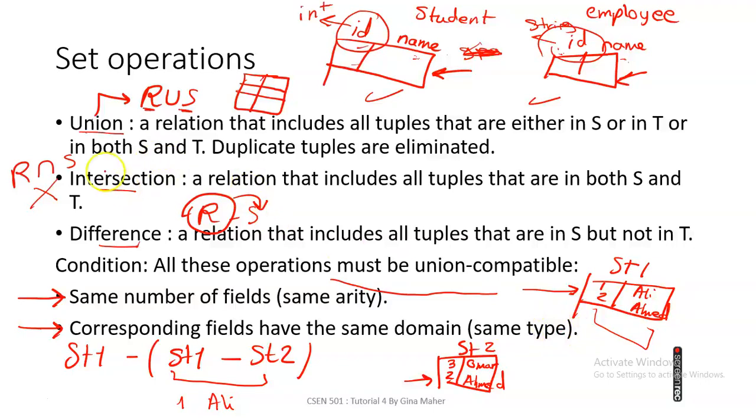So the intersection between two relations can be written as R minus (R minus T). That's why the intersection is not a basic operator. It can be deduced from other operations. At the end, for the union, intersection, and difference, the relations should be union compatible in order to perform each one of these operations.